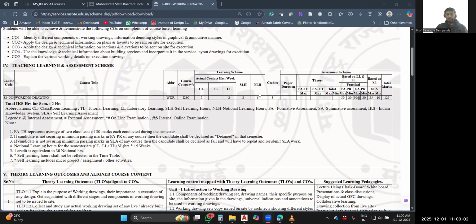So the total notional hours are 6. We have 3 credits. We don't have a paper for this, but the entire assessment is going to be internal for practical purpose and for the sessional purpose. So the total marks for this course is 125.